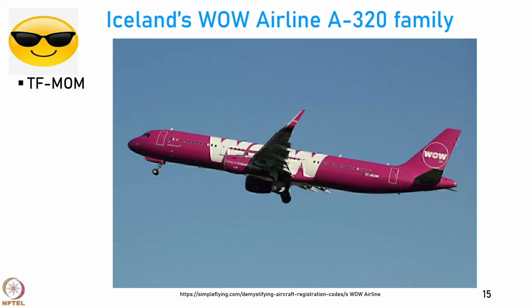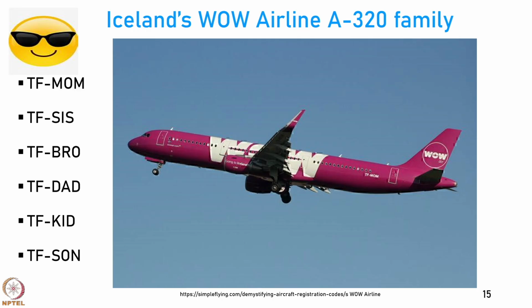TF stands for Iceland, MOM is the given name you can see here. Once the first aircraft was called TF-MOM, they started naming it as a family: TF-SIS, TF-BRO, TF-DAD, TF-KID, TF-SON. So the subsequent aircraft were named like this just to indicate that it is a family.